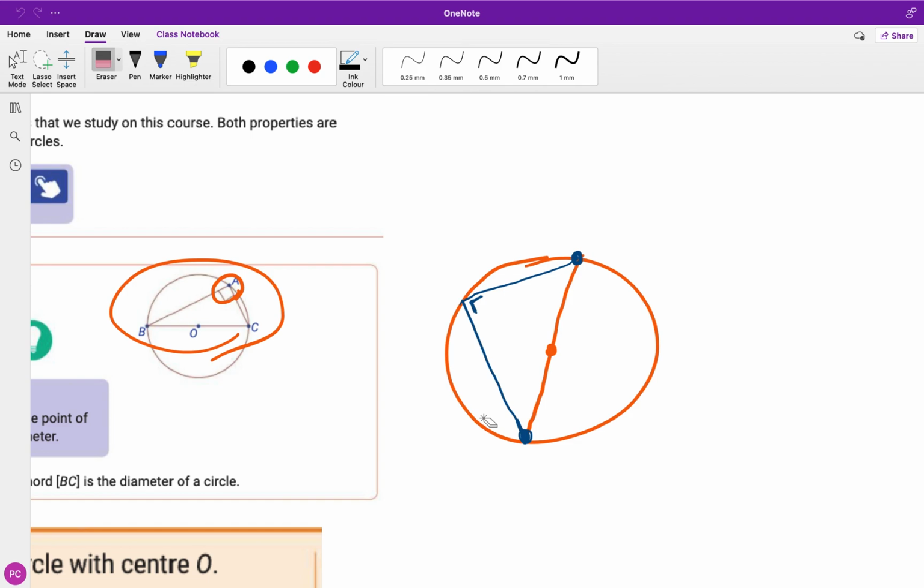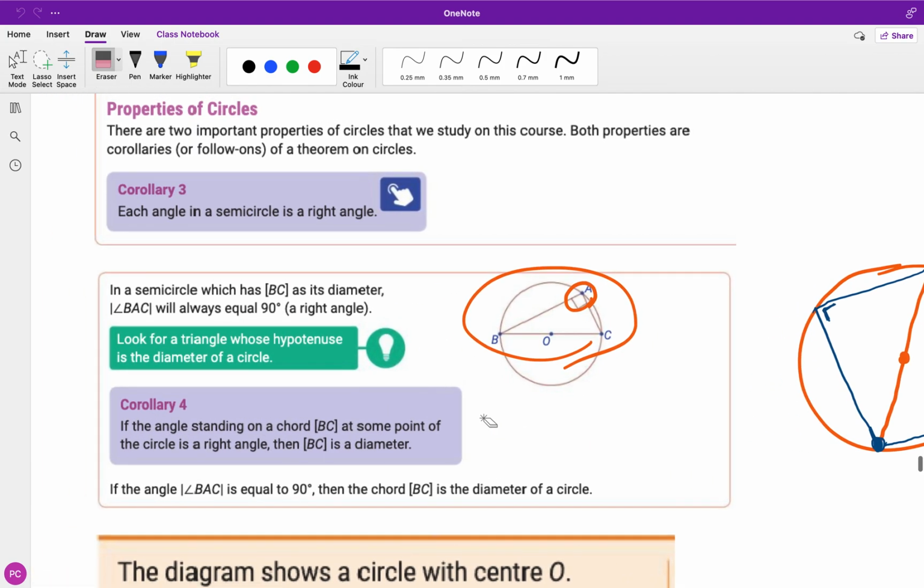Always, always, always. So on the other side, say I draw one and I go right over here, like that, and then I go down to the diameter. It doesn't matter. That is still going to be 90 degrees.